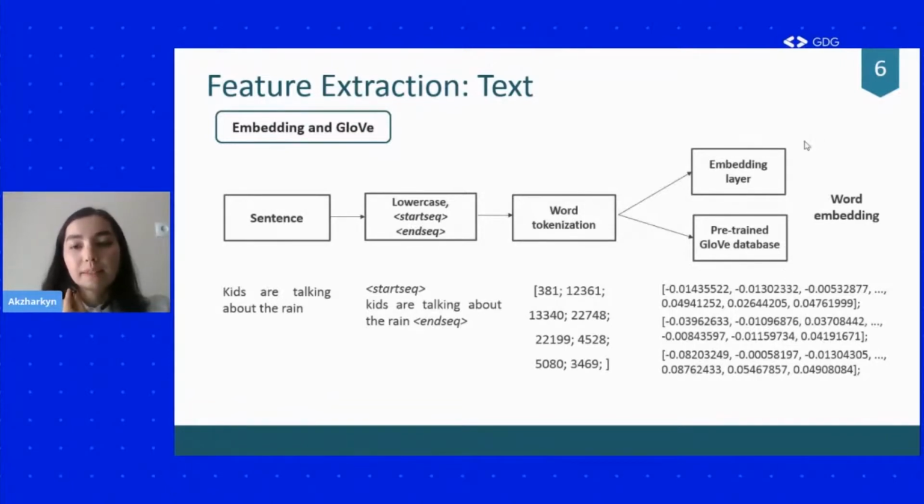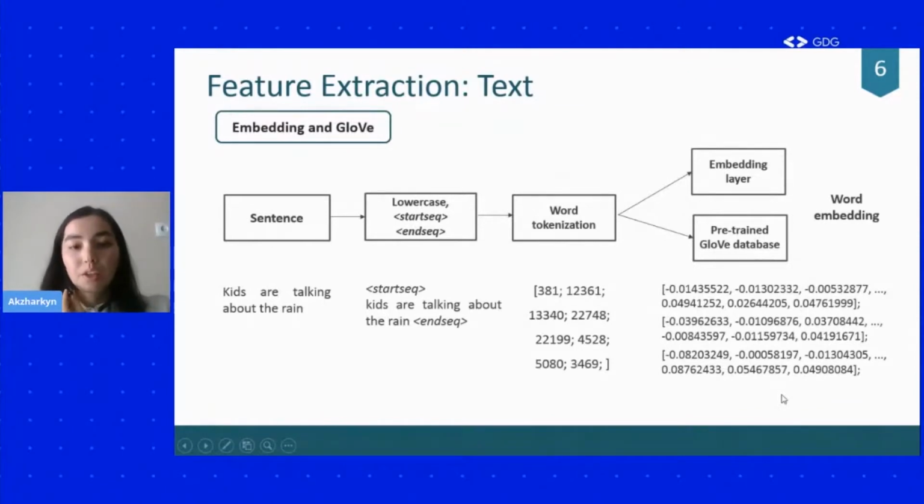So after this step, each word will be represented as a vector. And the size of the vector we define by ourselves, by training, by adjusting the parameters. And so our initial sentence now looks like this, as a list of vectors.